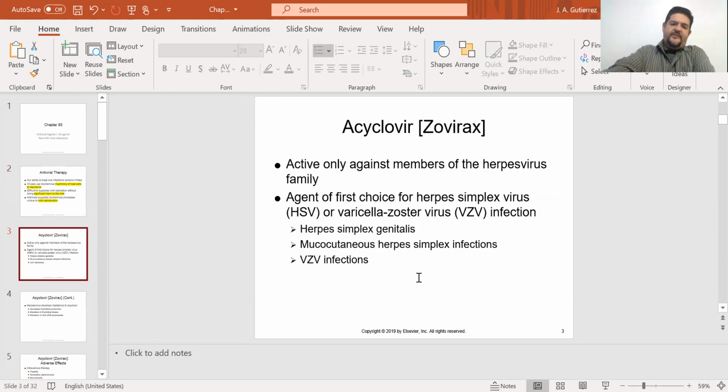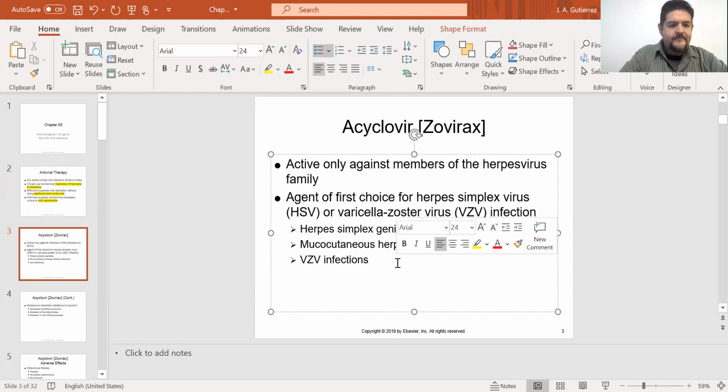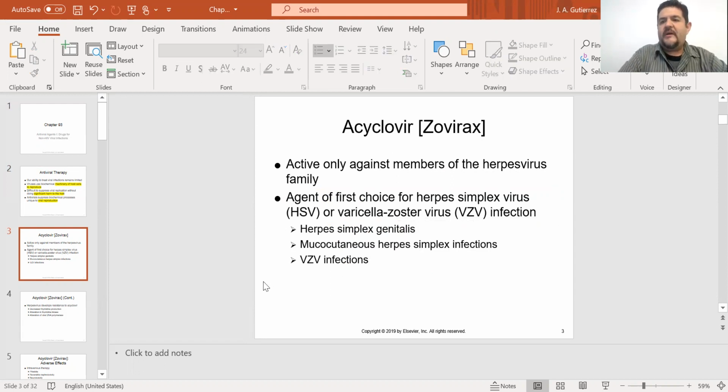The first group of medications are for the herpes family. Regarding herpes, here we're going to be talking about simple herpes that affects the genital area, simple herpes that takes the mucosa of the lips, or fever blisters, shingles, and chickenpox.